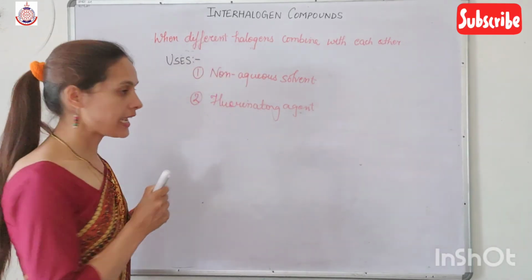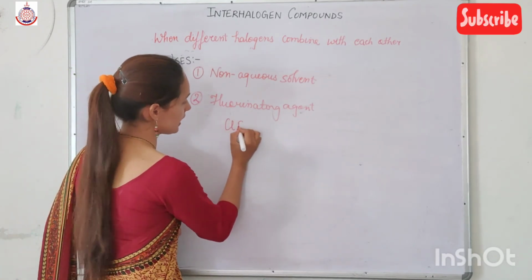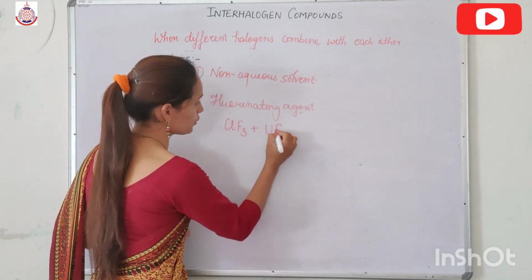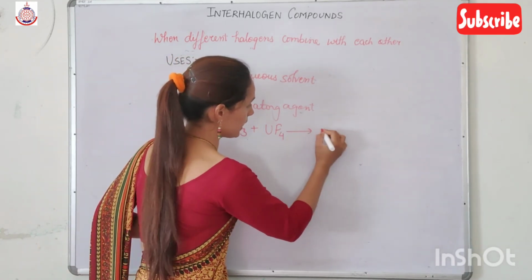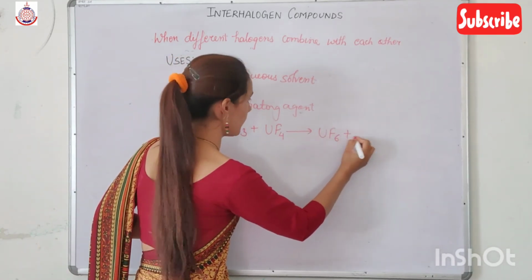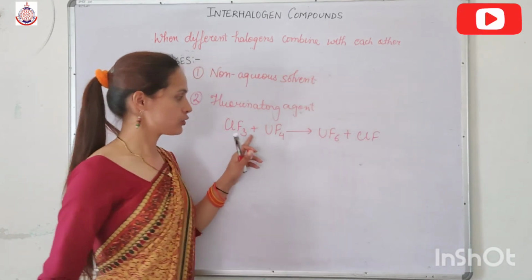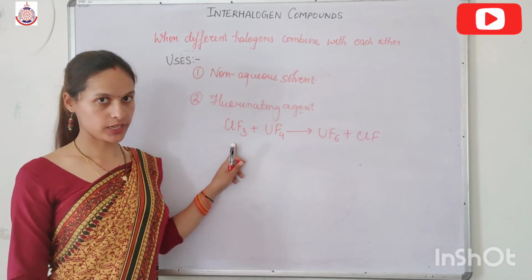How? When ClF3 reacts with UF4, then it gives UF6 plus ClF. So ClF3 acts as a fluorinating agent.